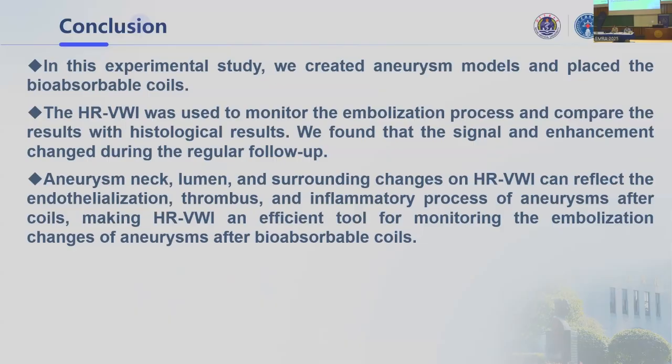The aneurysm neck and lumen surrounding changes on high-resolution vessel image can reflect the endothelialization, thrombus, and inflammation process of the aneurysm after coil, making high-resolution vessel imaging an effective tool to monitor the embolization duration of the aneurysm after the bare suburban coil. In the future, this study should be conducted in clinical patients to prove the initial finding. Thank you.